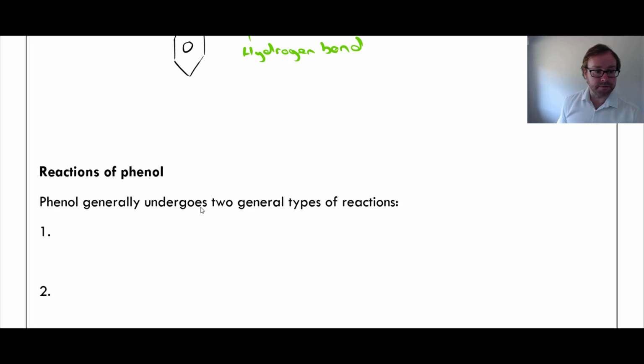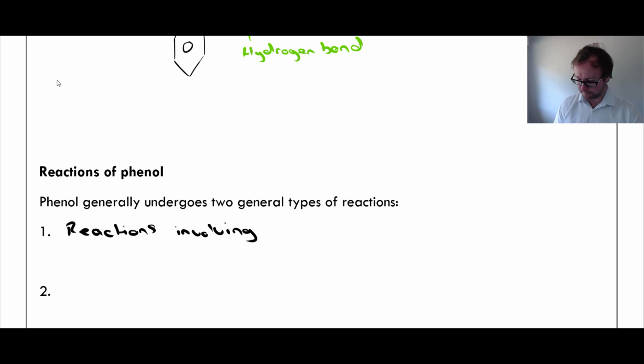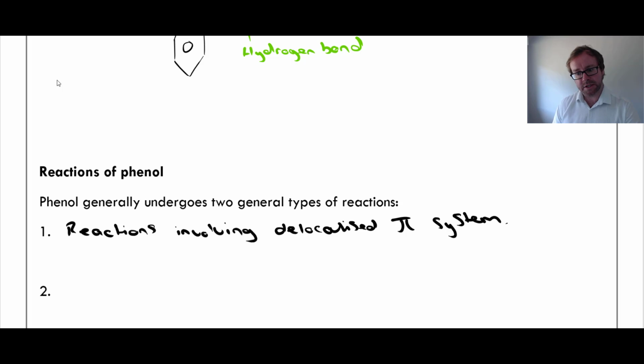So reactions of phenol. Phenol generally undergoes two types of reactions, and you need to know both of them. The first one is reactions involving the delocalized pi system or ring. I will use this interchangeably, pi ring and pi system. It means the same thing.